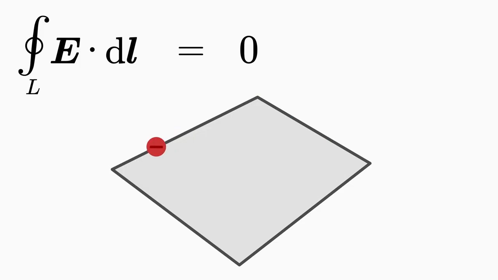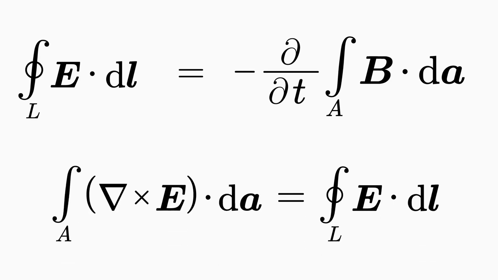If an electron passes the closed line L, it would not change its energy, because, as you learned, electric voltage indicates how much energy a charge gains or loses when it passes a line. In this case, the voltage is zero, therefore no change in energy. With the curl integral theorem, you can transform the integral form into the differential form.